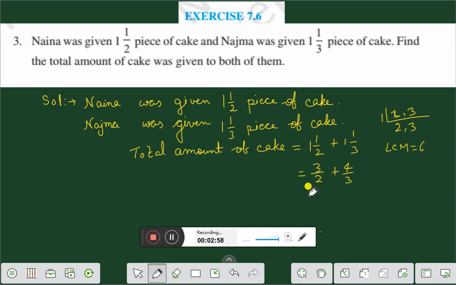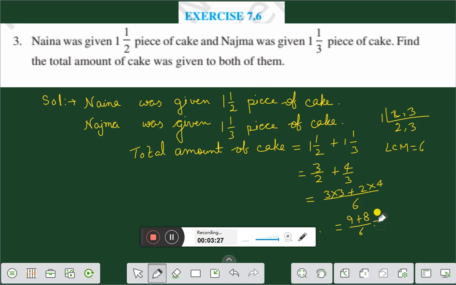If we divide 6 by 2, it is 3, that is 3 into 3, plus if we divide 6 by 3, it is 2, that is 2 into 4. Therefore, we are getting 3 threes are 9, plus 4 twos are 8, by 6.